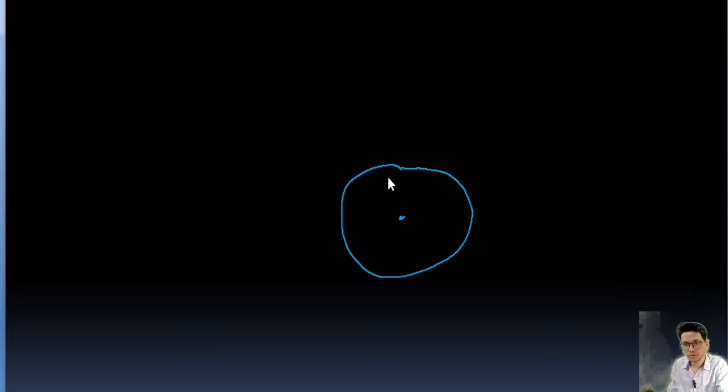So I'll make a figure. Okay, so this is the earth, guys. Just give me 1 second.